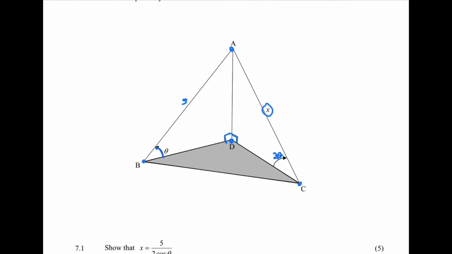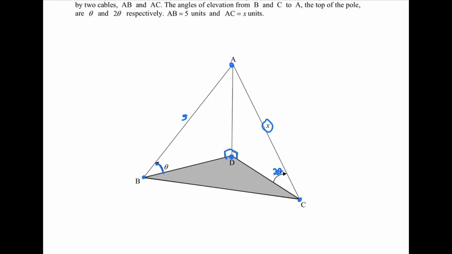How do we possibly do that? Triangle ABD and triangle ADC share line AD. So let's find line AD using triangle ABD, and then from line AD we find a way to find x.